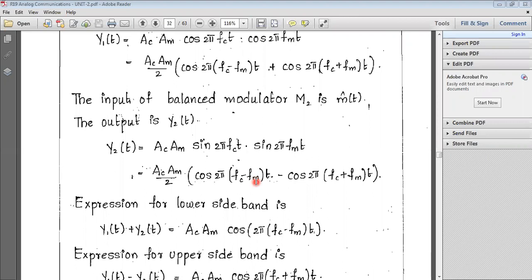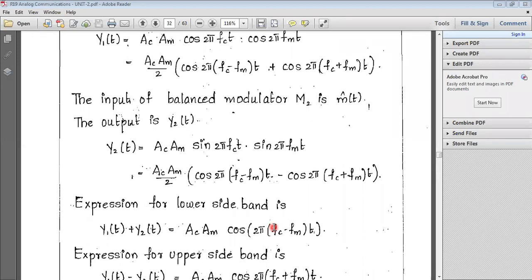Now to generate an SSB signal, what is our main aim? We must suppress either the upper side band or the lower side band. When we suppress perfectly, if we add or subtract, then we can easily suppress one side band.